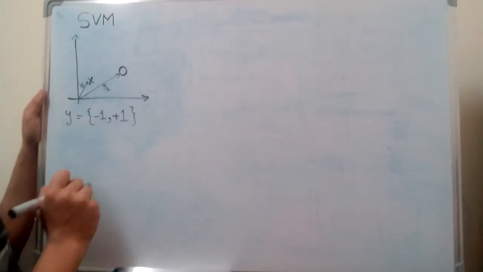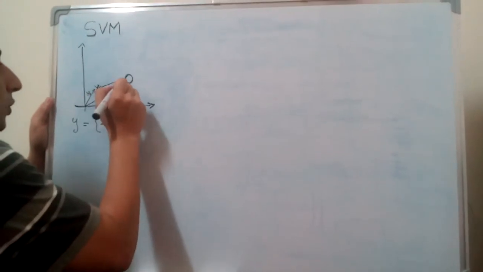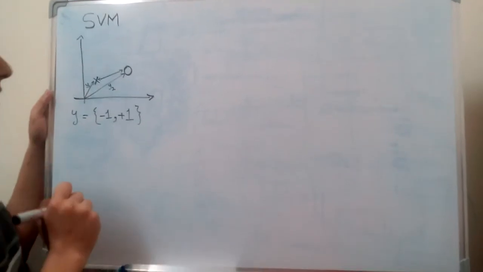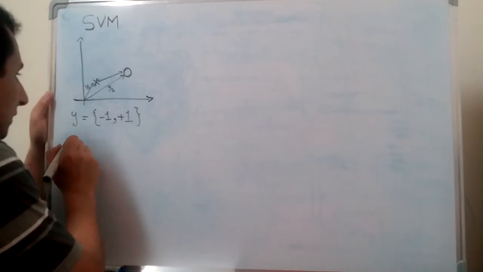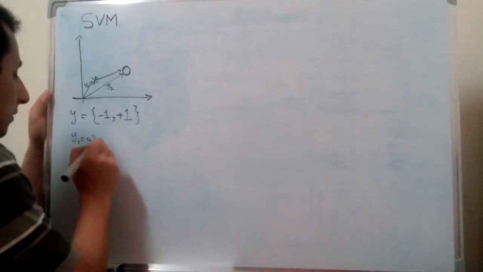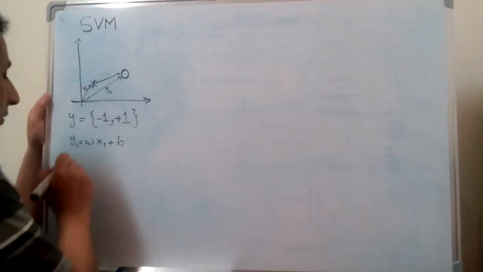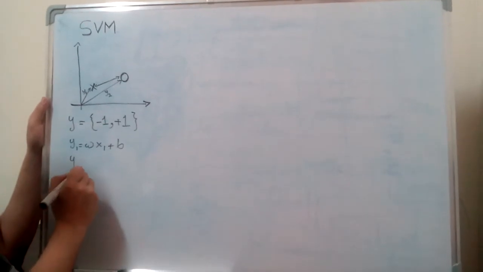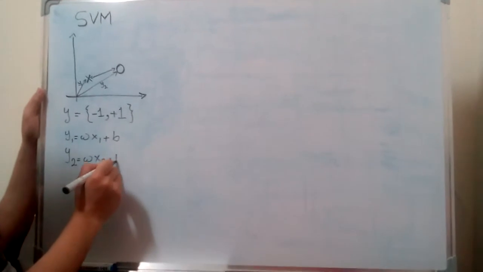So our target here is to maximize the distance, the hinge loss, between these two classes. So from linear algebra, we know that if class 1 is represented, y1 equals omega x1 plus b, and then we've got y2 equals omega x2 plus b.